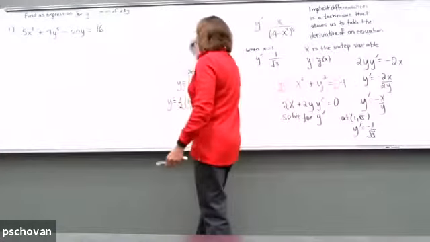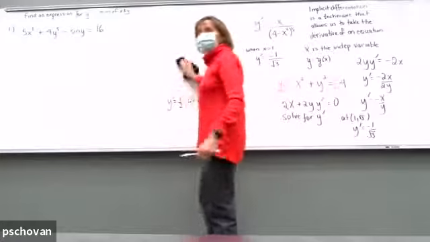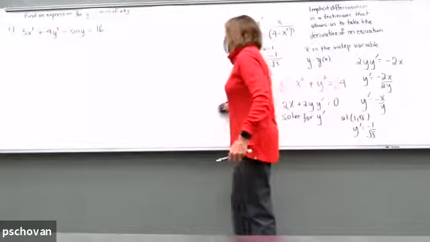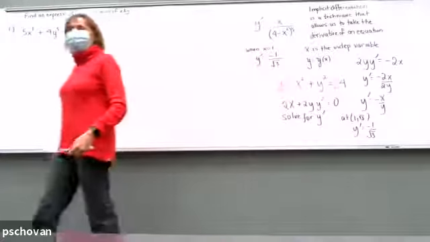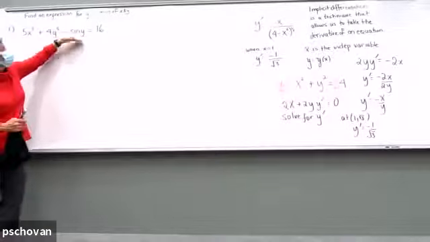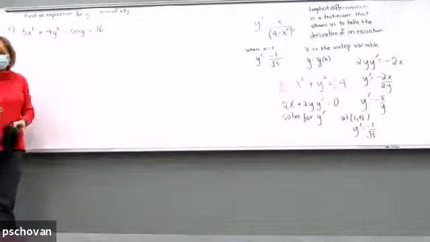So you see the difference between an equation and a function? All my variables are mixed up. It's not like a y is equal to. But you go through here and take the derivative of each term with respect to x.